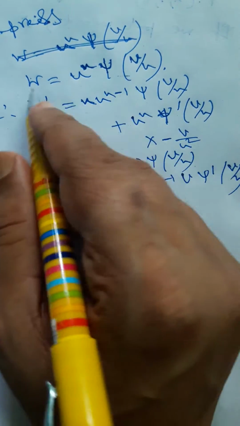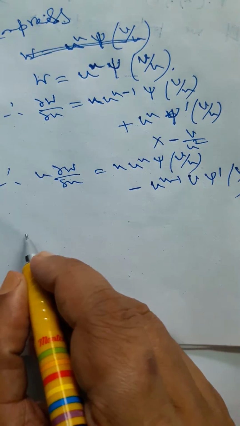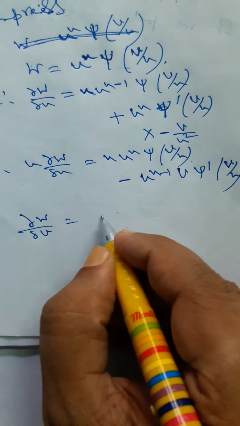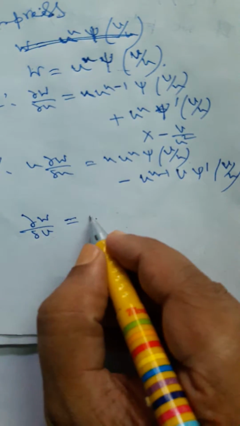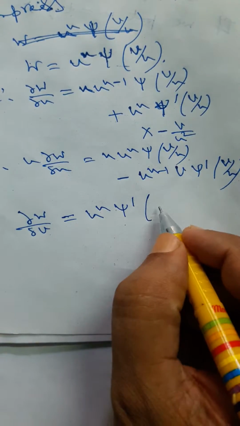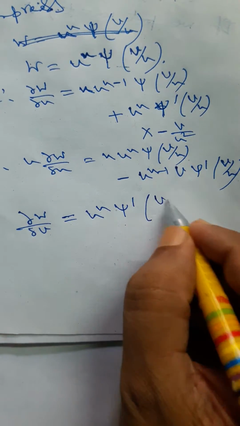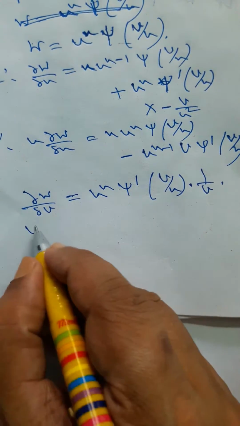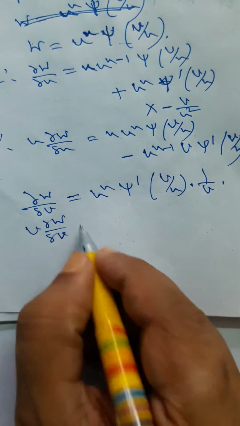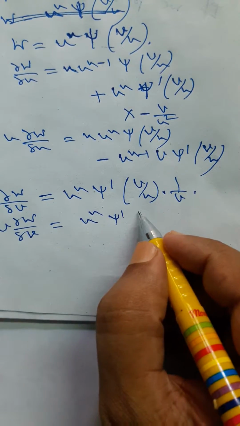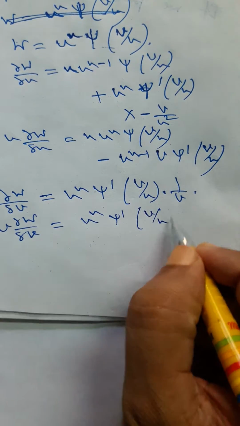Now again we take the partial derivative with respect to v. Therefore del w del v is equal to u to the power n psi dash of v by u into 1 by u.